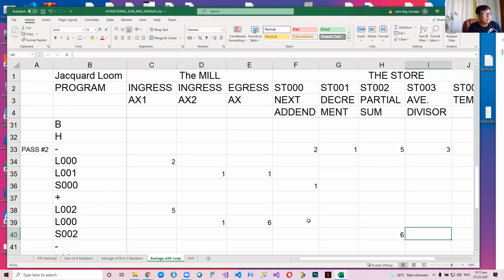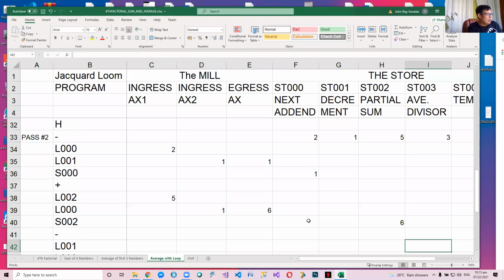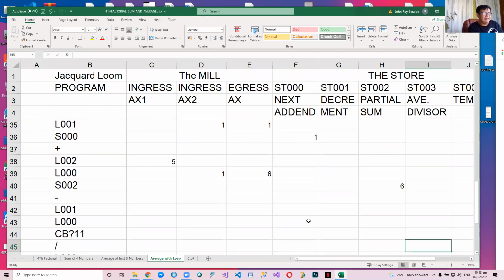Any questions? No? So now, we will again check whether to proceed or not. So L001 is 1. What is L000 now? It's a 1.